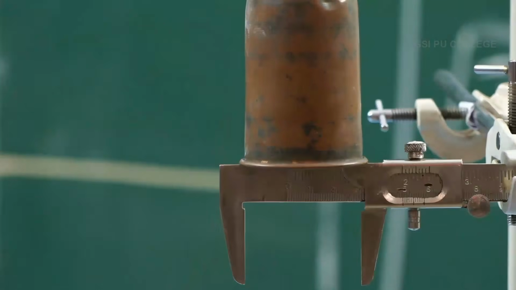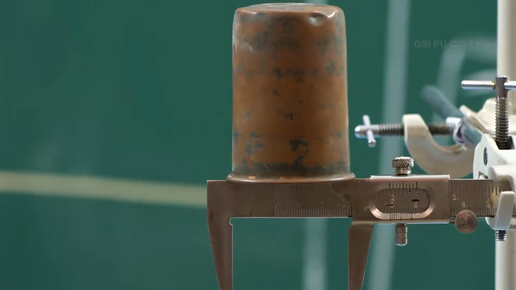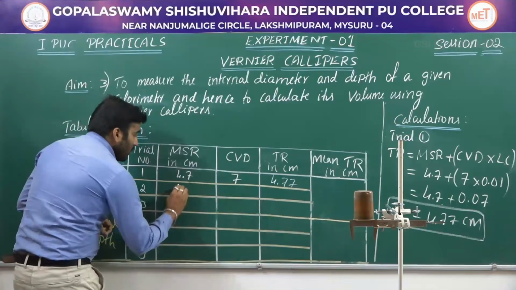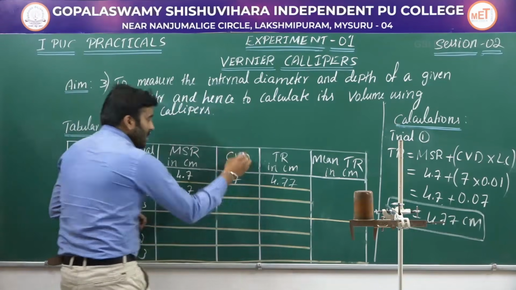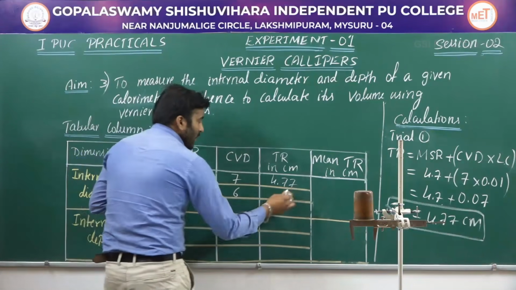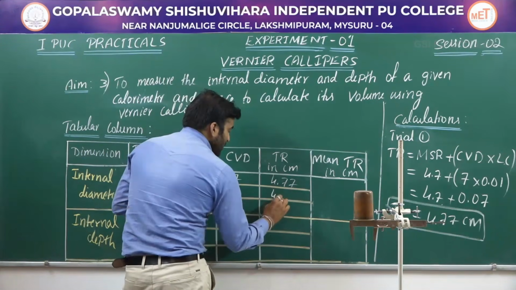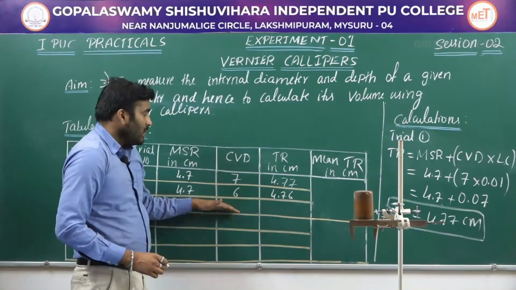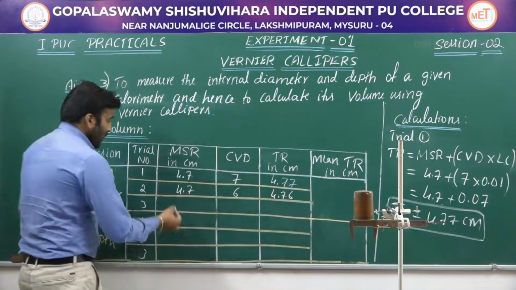Let me look at the reading again. The main scale reading is 4.7 and the coinciding vernier division is 6 now. Let us tabulate that. The main scale reading is 4.7 and CVD is 6 here. Therefore, we will get the total reading as 4.76. I am not doing the calculations of these two trials. You can do them on your own.